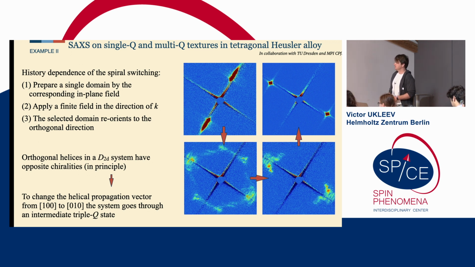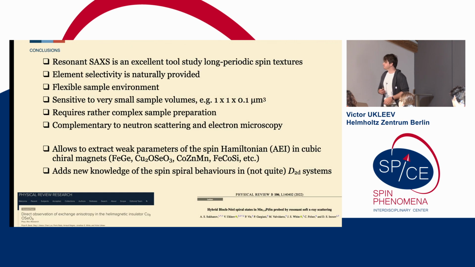Our guess, and we don't have a proper theory for this, is that these two helical states should in principle have orthogonal chirality. And if the system wants to change the chirality, it goes somehow via a non-chiral state, which can be a triple-Q antiskyrmion state or some kind of skyrmion state. We would be happy to get some theory insights on this.